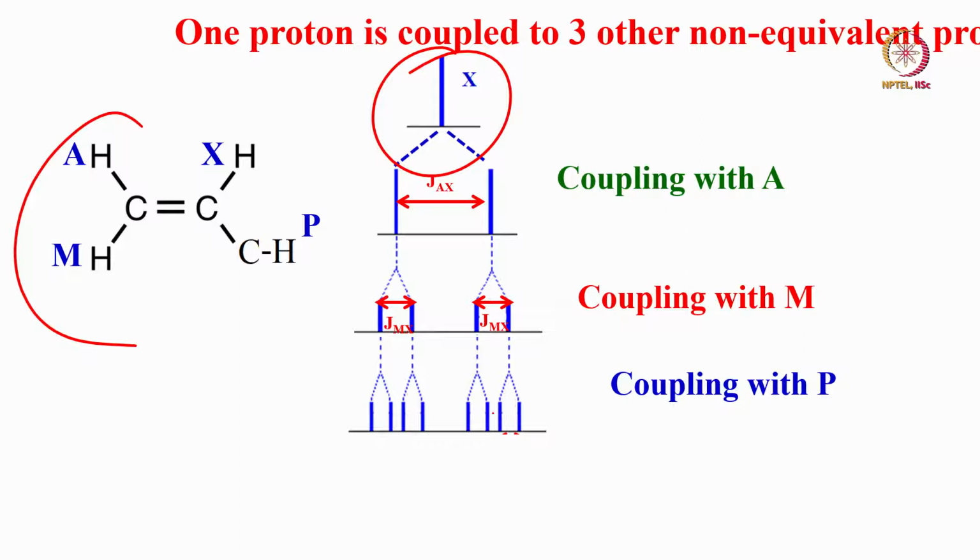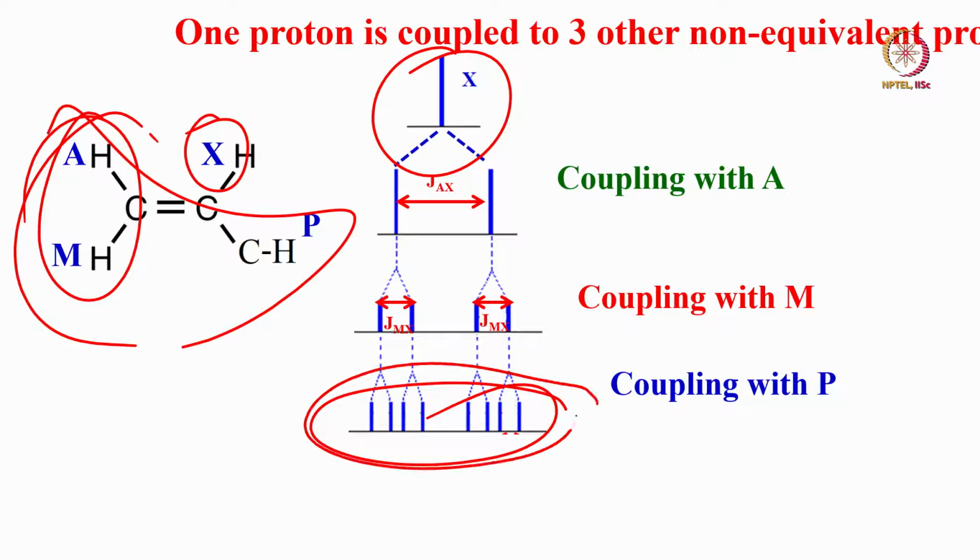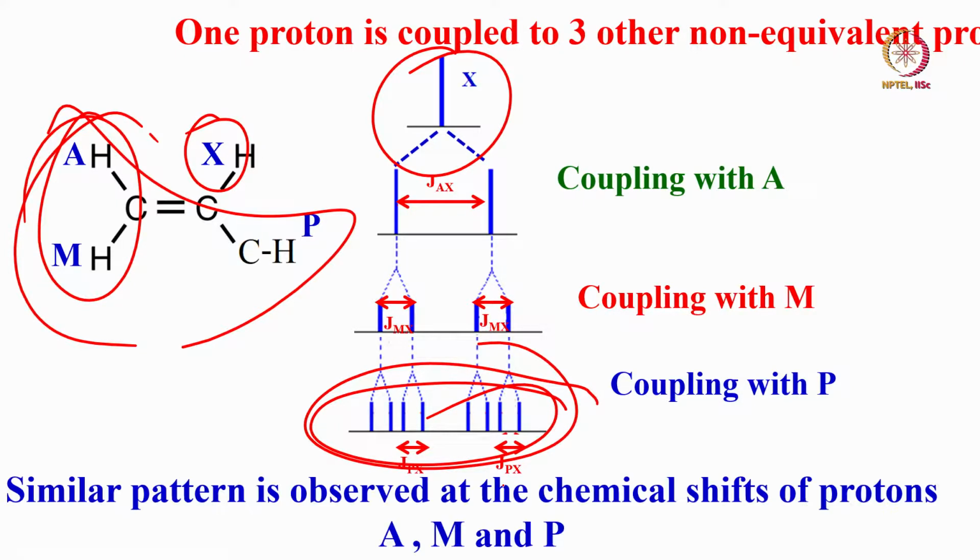Each of them will be further split into 2 lines. So we are going to get 8 lines. Earlier when one was coupled to 2 protons you got 4 lines. Now when one is coupled to 3 protons you are going to get 8 lines. And what is the intensity? Now further reduced by half, 0.125, 0.125, 0.125.